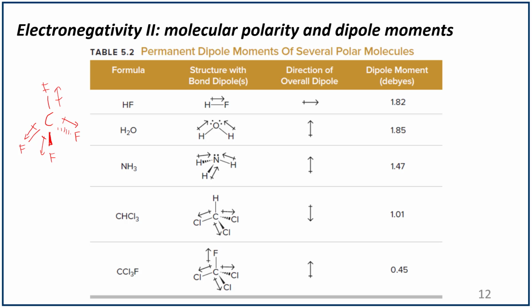It's hard to see here, but this dipole is equal in magnitude but opposite in direction to this dipole, and therefore they cancel each other out. And this dipole will cancel out this dipole. So carbon tetrafluoride is actually nonpolar.